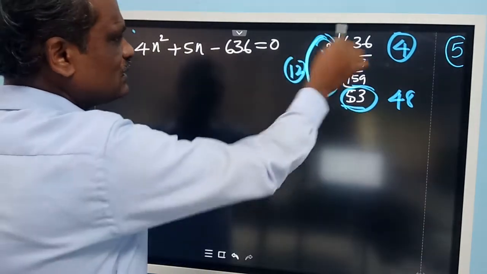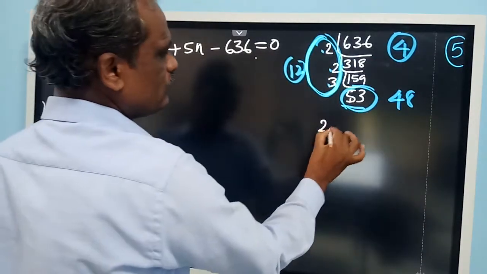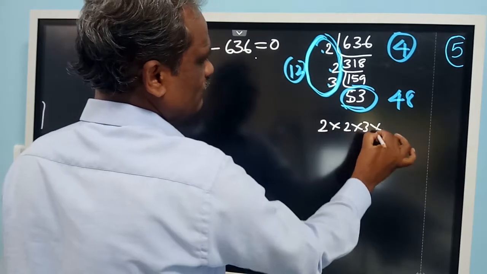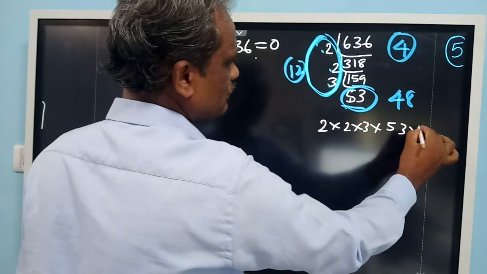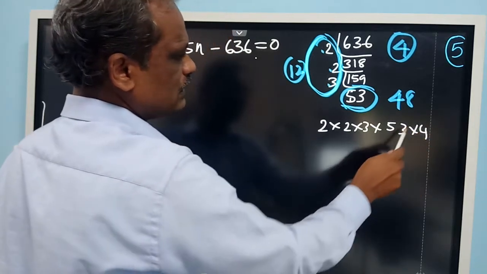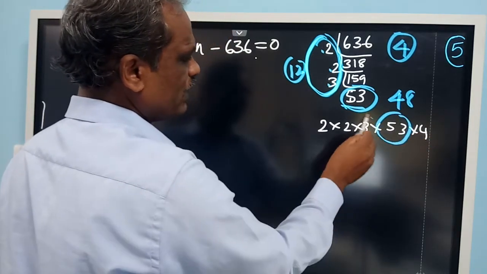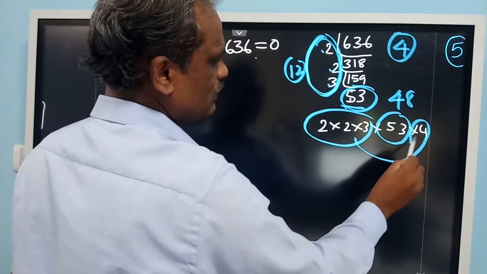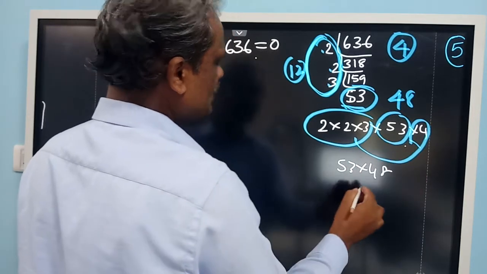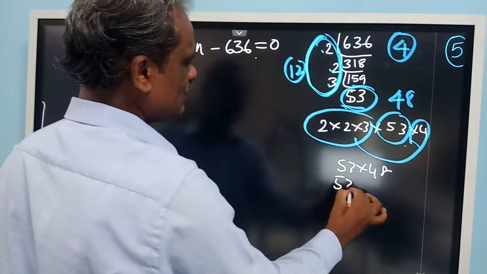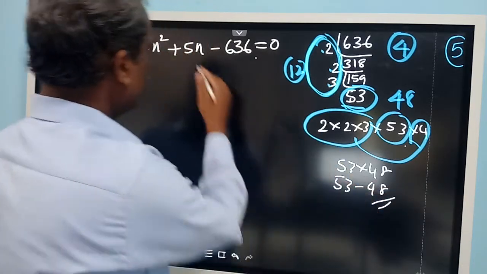So 2 into 2 into 3 into 53 are the factors of 636, and we have another 4 also into 4. So this is a prime number 53, into the remaining numbers if you multiply, you will get 53 into 48. So if you subtract, 53 minus 48 will give you 5.